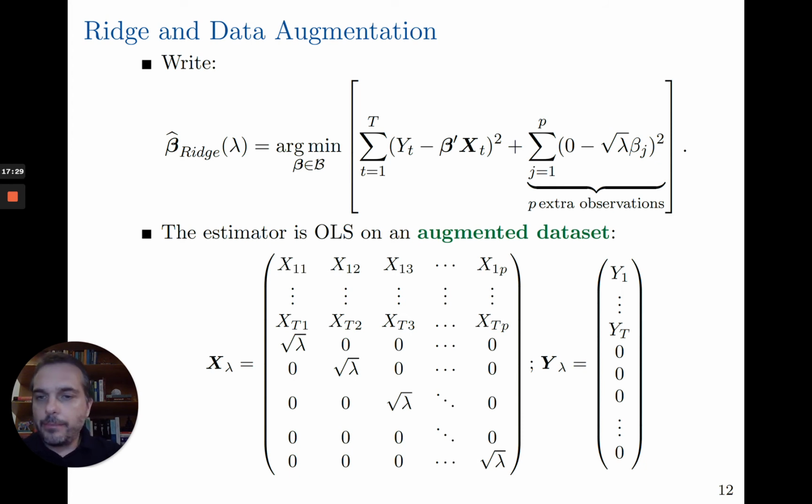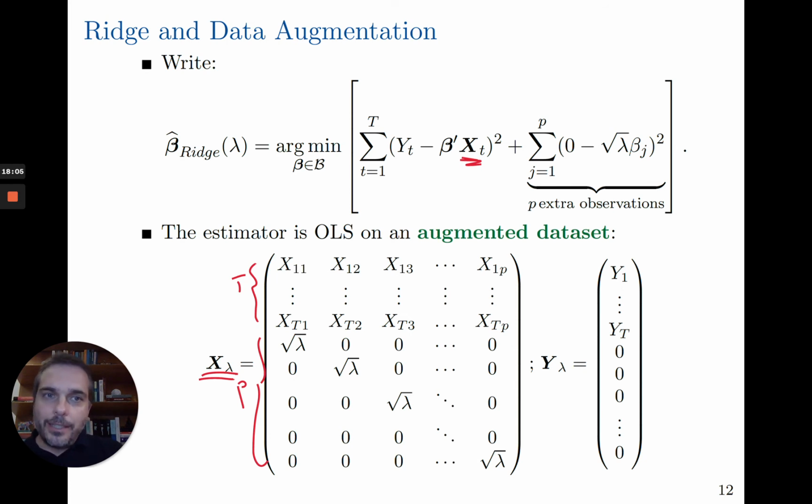Let's define an x lambda where the first t observations are exactly our x. Okay, no problem. But for the remaining p observations, here we have t rows, and here we are going to have p rows. We are going to have square root lambda over the diagonal, zeros for the x's of our p variables.